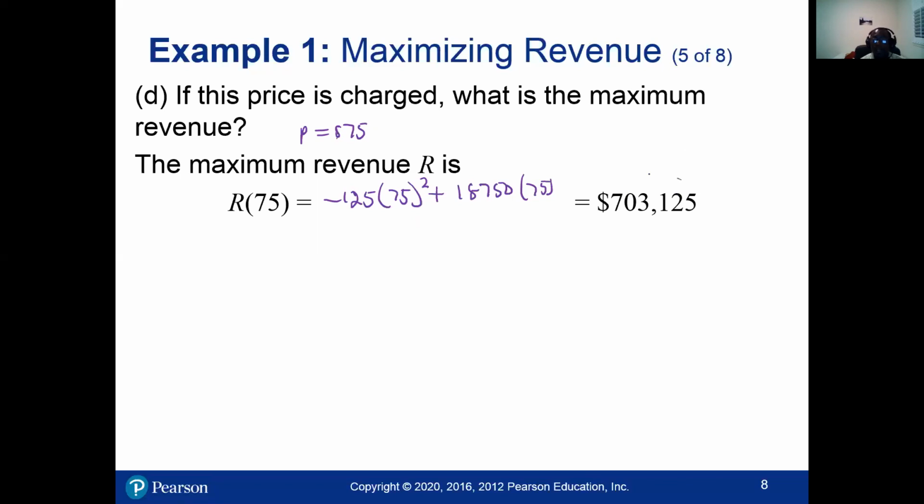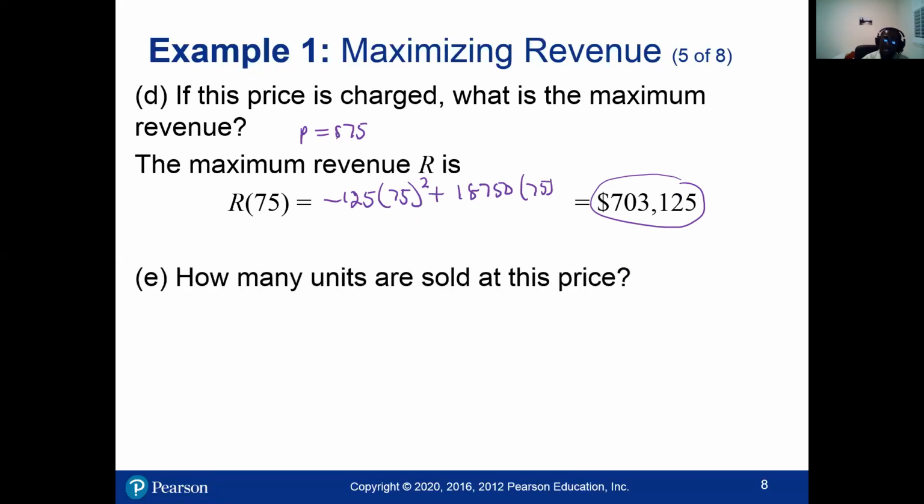This is the maximum revenue. In terms of section 3.3, this is the vertex. This value is your K, and your H is the 75. So the vertex on the graph of the revenue is 75, comma, 703,125. You see how these two sections are related.